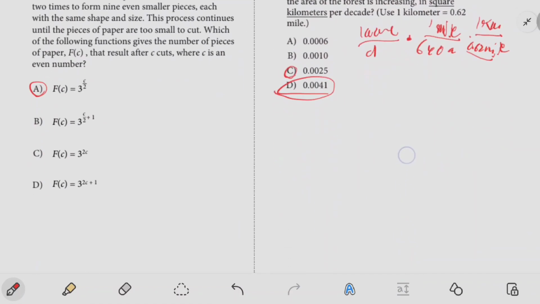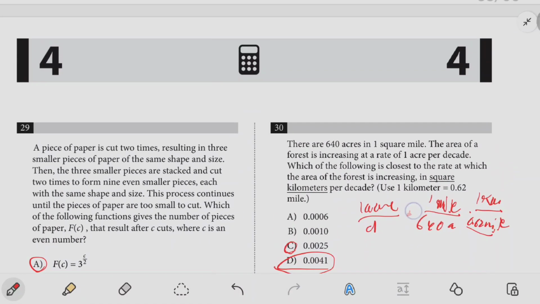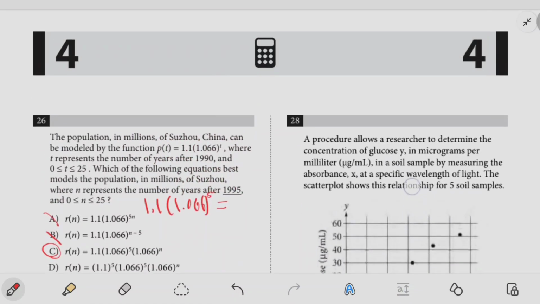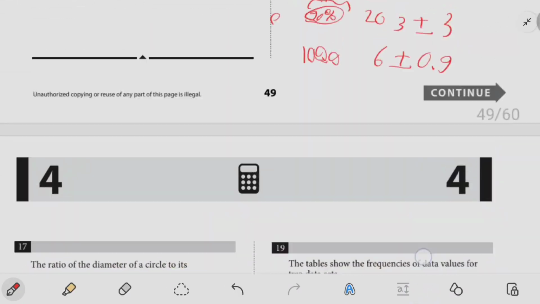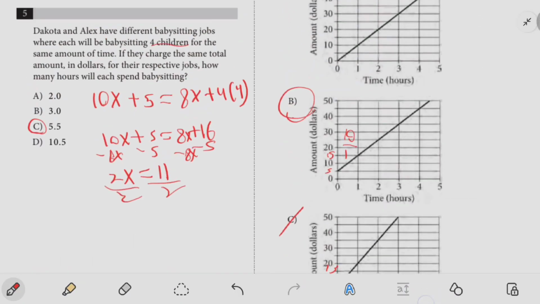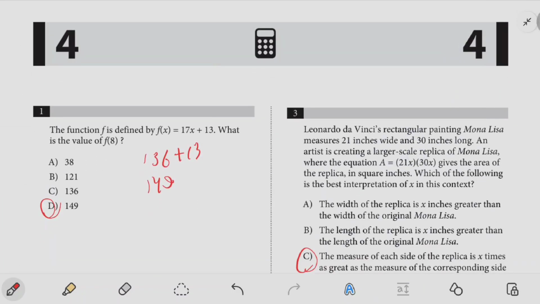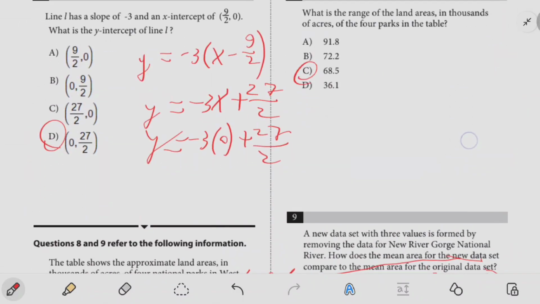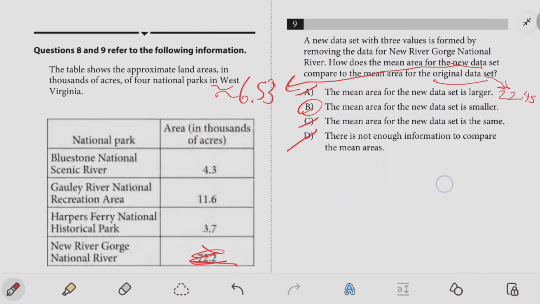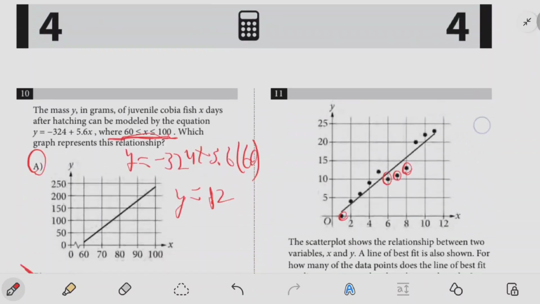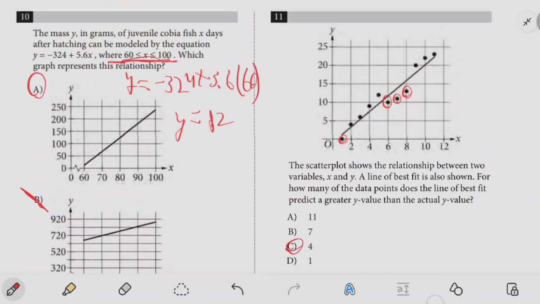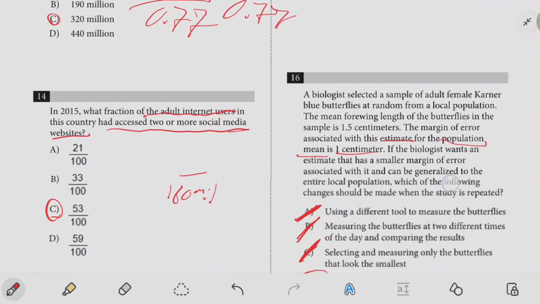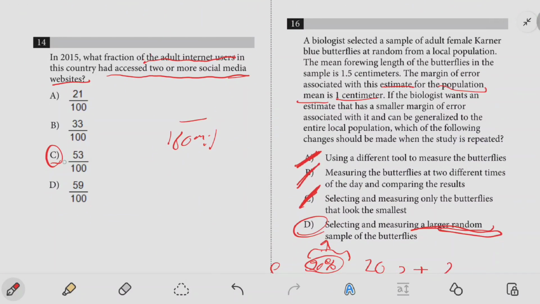Bro, how many am I missing? Wait, I stopped counting, didn't I? Fudge. Hold on, let me go back up. That's 1.